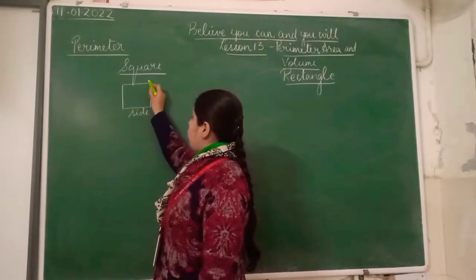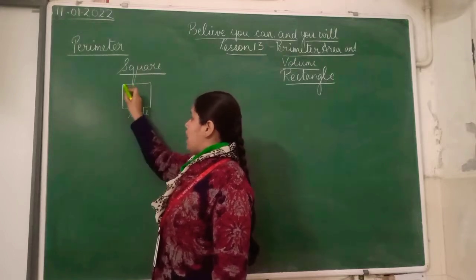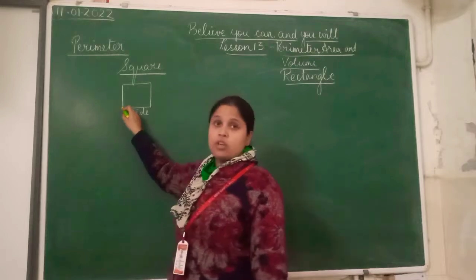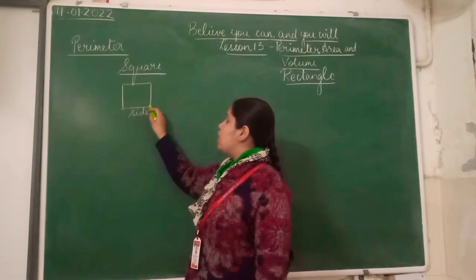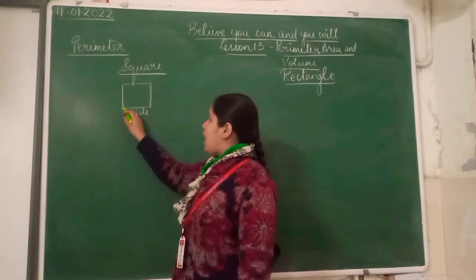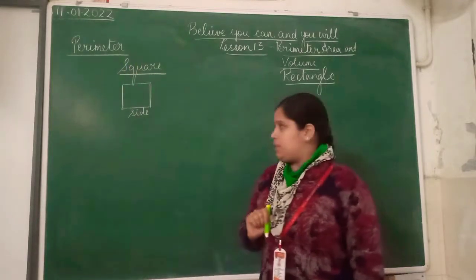This outline, the total length of the border is known as perimeter. If we are talking in walking terms, then if we start from this point, we can walk from this to this point, then here to here, then here and here, and the total distance which we will cover will be considered as perimeter.